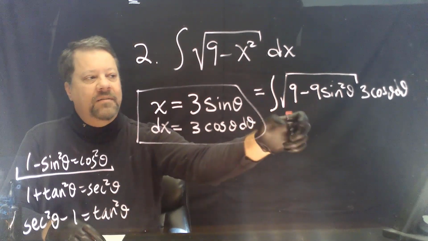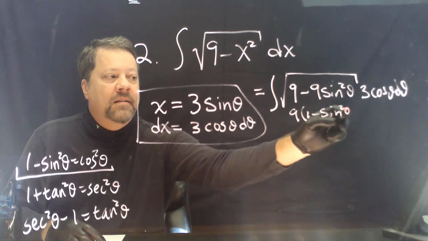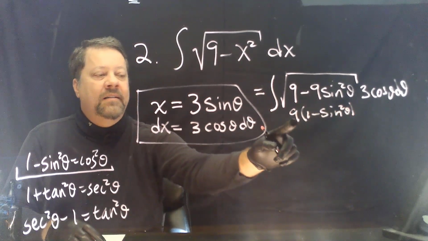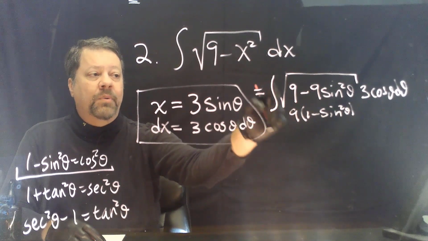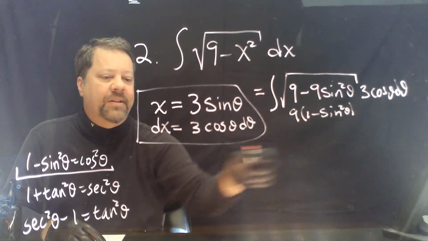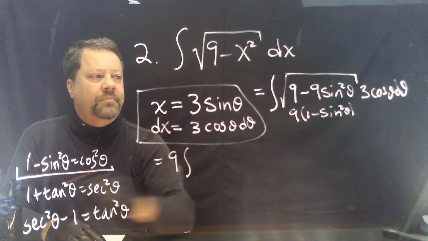Under the radical, we'll factor that as 9 times 1 minus sine squared theta. The 9 is still under the square root. When we take its square root, we'll get 3, combine it with this other 3. That'll give us 9 times the integral.